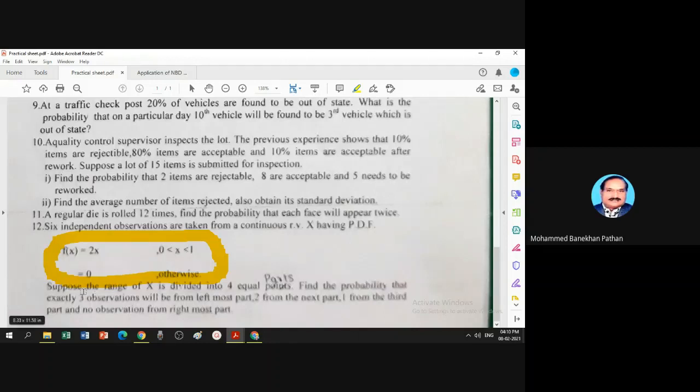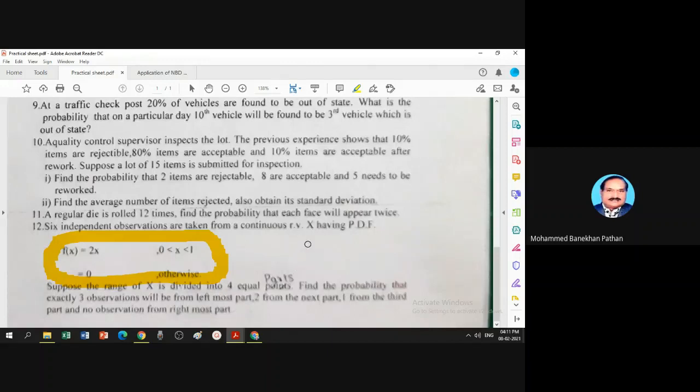What is the condition? Suppose the range of x is divided into 4 equal parts. This is the range of interval of the random variable, and I divide this range into 4 equal parts. Find the probability that exactly 3 observations will be from the leftmost part, 2 from the next part, 1 from the third part, and no observation from the rightmost part.